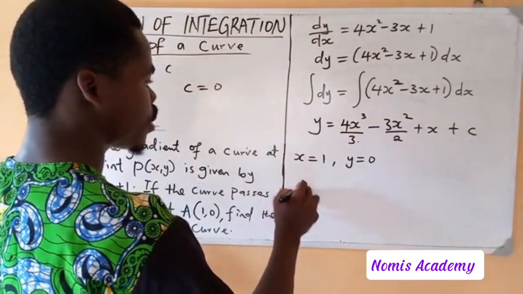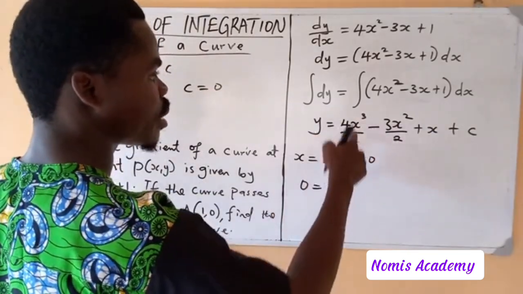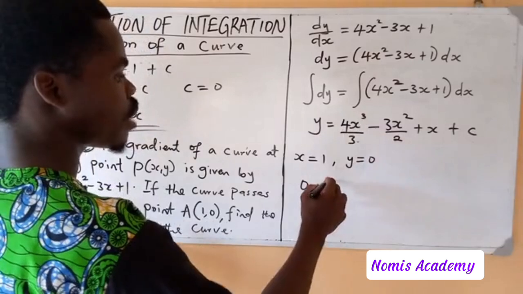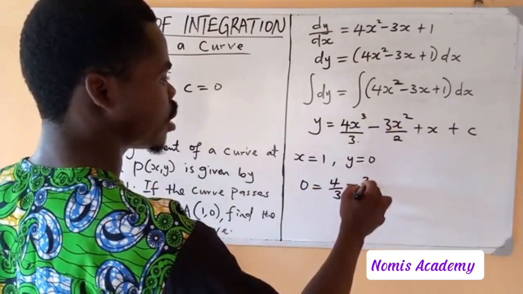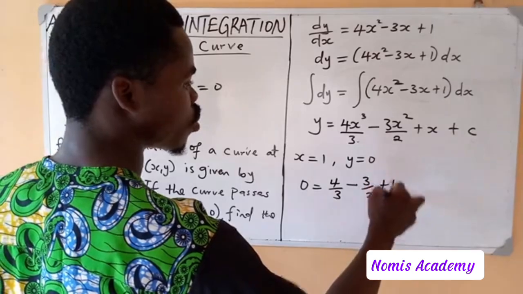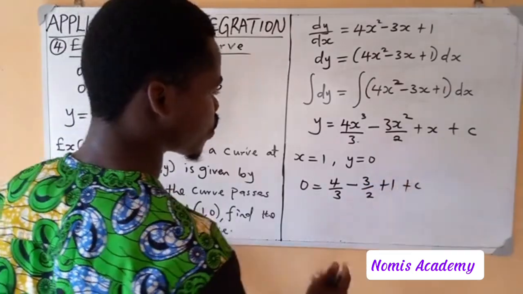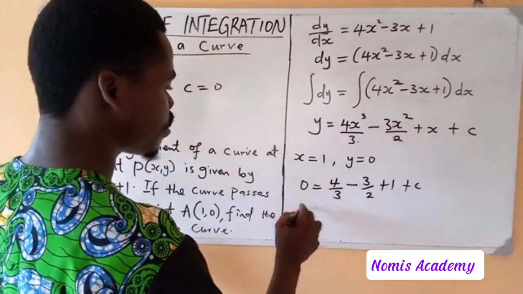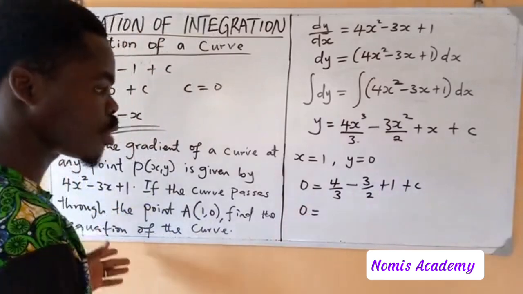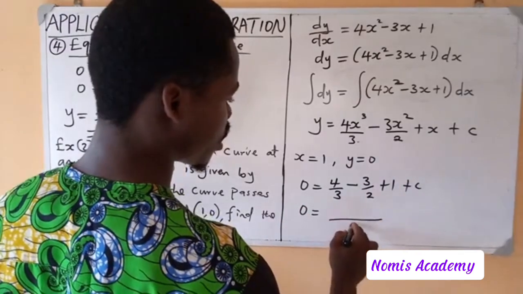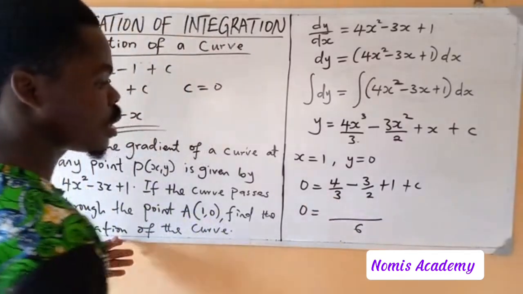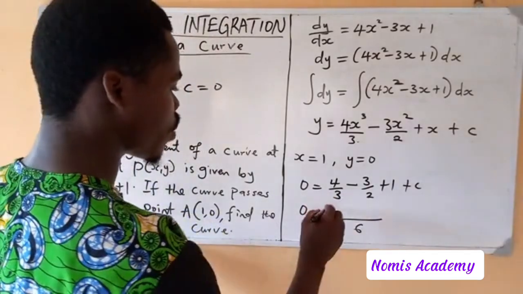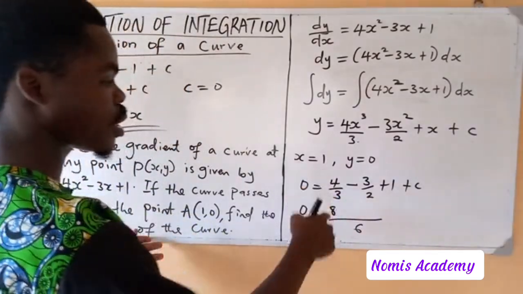So y is 0 and x is 1. When x is 1, we have 4 over 3 minus 3 over 2 plus 1 plus c. Using LCM, the LCM is 6. 6 divided by 3 is 2, 2 times 4 is 8.